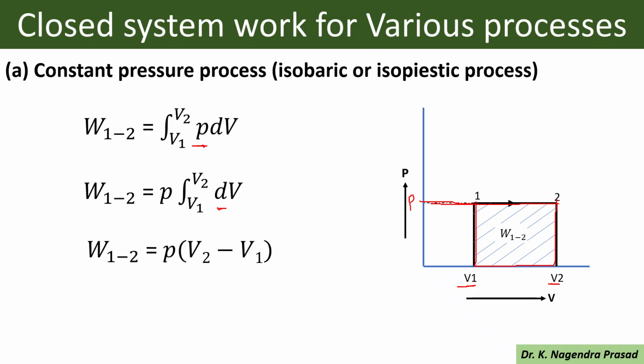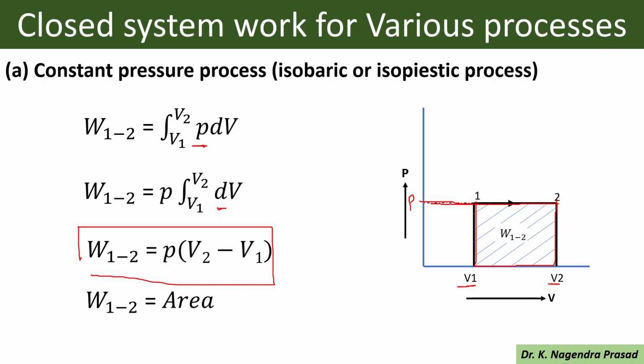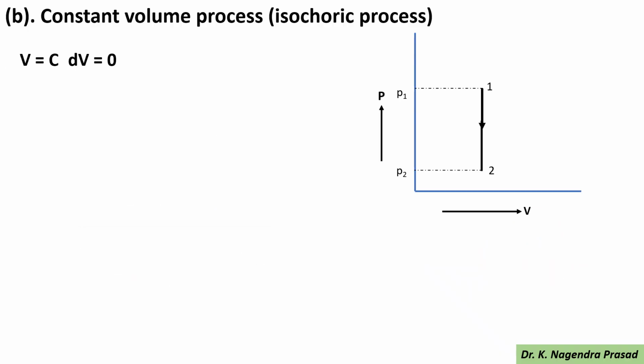So this can be written as W1 to 2 equal to P into (V2 minus V1). This is the amount of work in the constant pressure process, which is equal to the area under the curve. Next we have to see another process, the constant volume process.